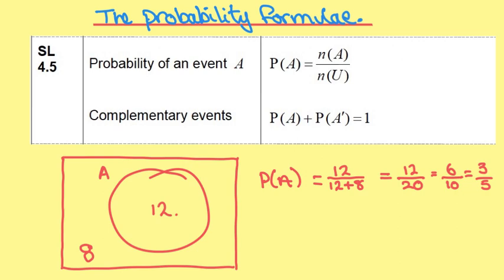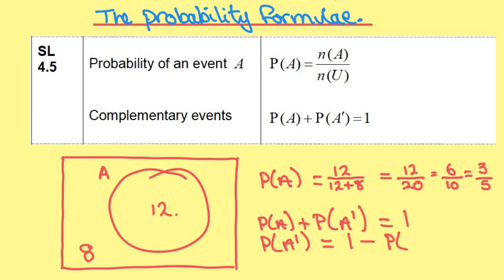So the probability of A plus the probability of not in A must equal 1. Or the probability of the complement, not A, is equal to 1 minus the probability of event A.